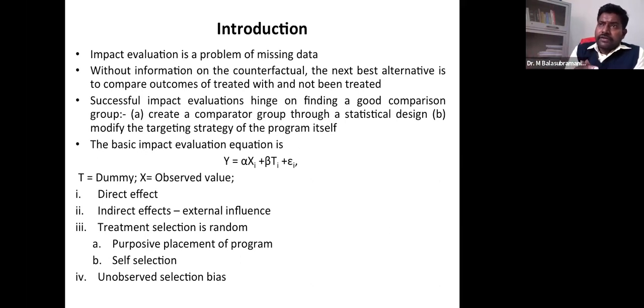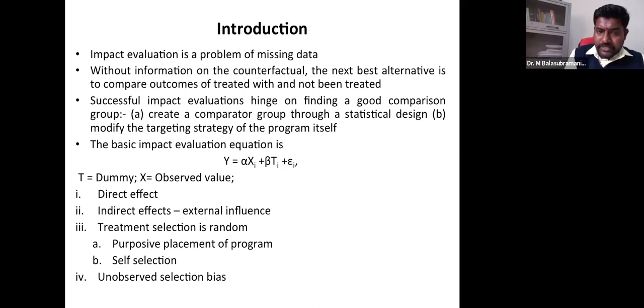Then the self-selection. Of course, this self-selection is based on observed factors in the field, and there may be some unobserved factors also. To reduce the error from these unobserved factors in our equation gives more accurate results, right?